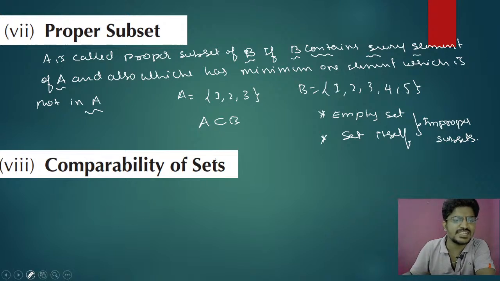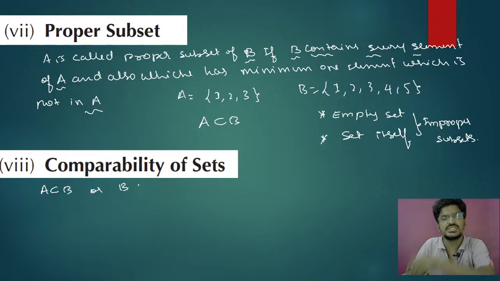Let us take two sets A and B such that either A is a subset of B, or B is a subset of A, or A equals B.